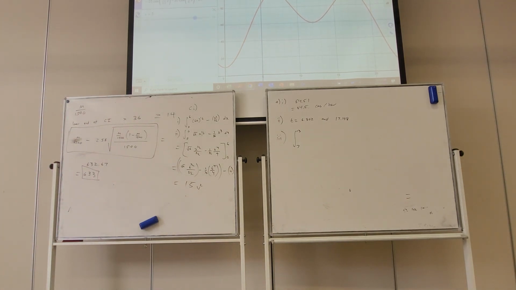Alright, so we'll have to do that on our calculator, or you can do it on your graph. I don't know how to do it on Desmos, so I'm just going to do it here. Option, calc, integral.